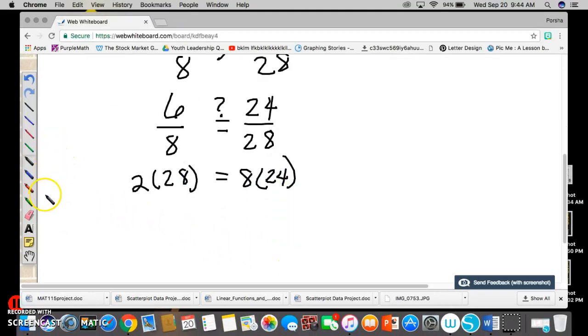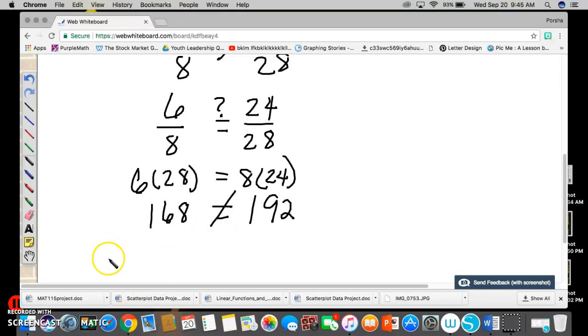Oh, wait, sorry. I put a 2 there. It's supposed to be 6. Okay, so 6 times 28 is 168. And we want to know if it's going to equal 8 times 24, which is 192. Those numbers don't look like they equal to me, so I'm just going to draw a slash. They do not equal.